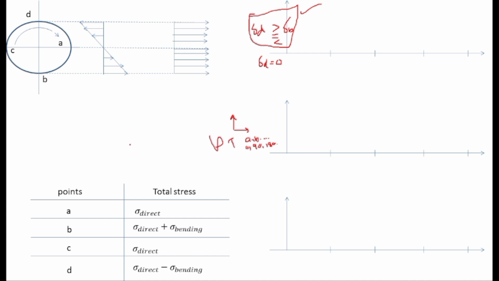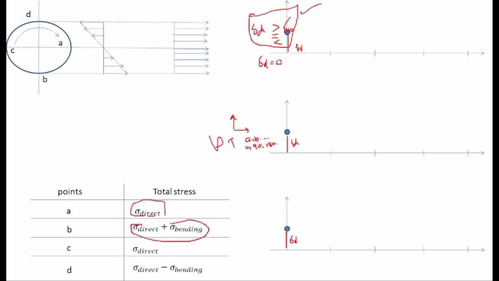Now you can see that at point A, for all these 3 cases, the stress at point A is equal to direct stress. So this will be the point in all these 3 cases. This is direct stress, this is also direct stress, and this is also direct stress.